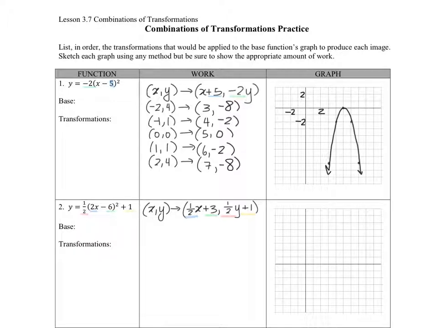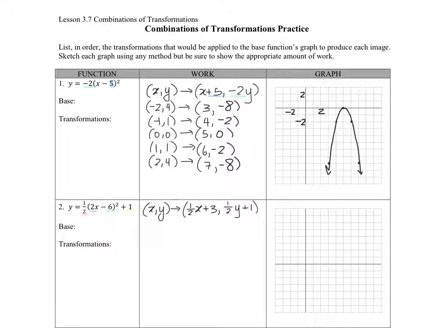But if we were to use this transformation as written, it would be hard to have a very accurate graph because we would horizontally compress by half and also vertically compress by half. So instead of doing this, I'm actually going to delete what I have here. We are instead going to use equivalent transformations.